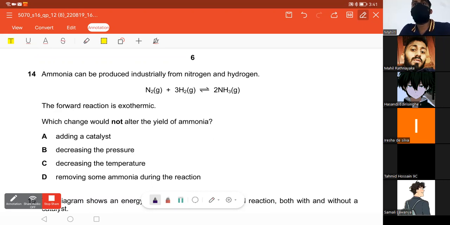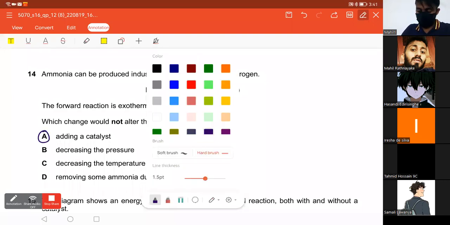Position of equilibrium does not change. It increases both backward and forward reactions. Position of equilibrium does not change. Therefore, answer is A. Next one.